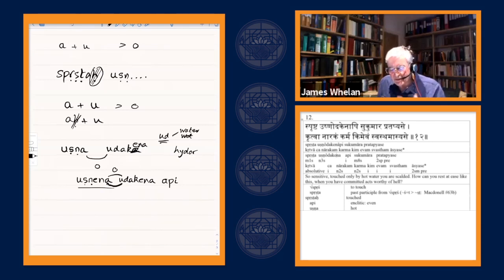So Shantideva is telling us all the horrible things that will happen to us if we're not good in this life. And he's saying, look, you Sukumara, you little diddums, oh, you little darlings. He's saying it in a very sarcastic way here. If you just get splashed with a bit of boiling water, you're yelping.